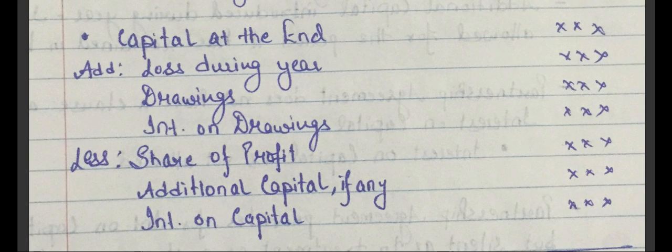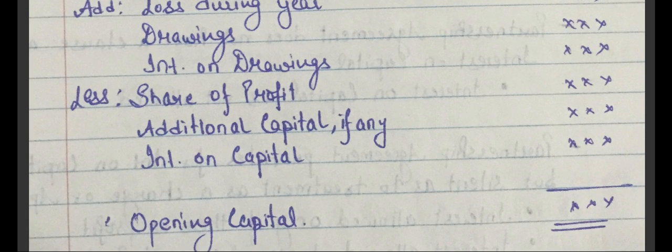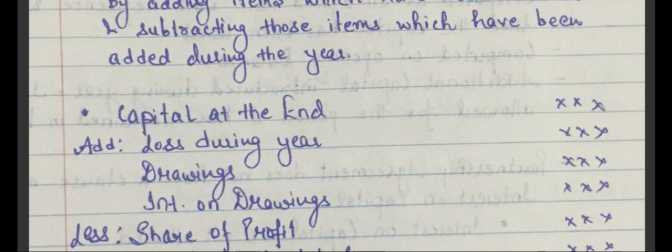We'll add back what has been subtracted, that is the loss, drawings, interest on drawings, right? And we will subtract what has been earlier added: share of profit, additional capital if any, interest on capital, remuneration. Clear? We will subtract all this and we will reach the opening capital.